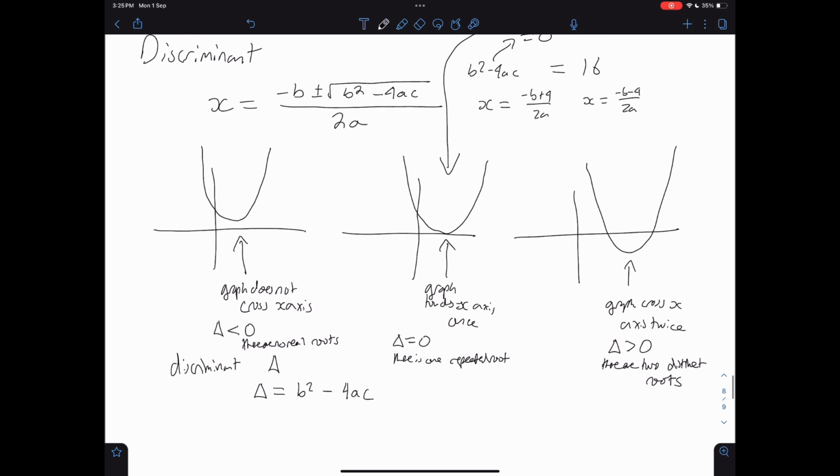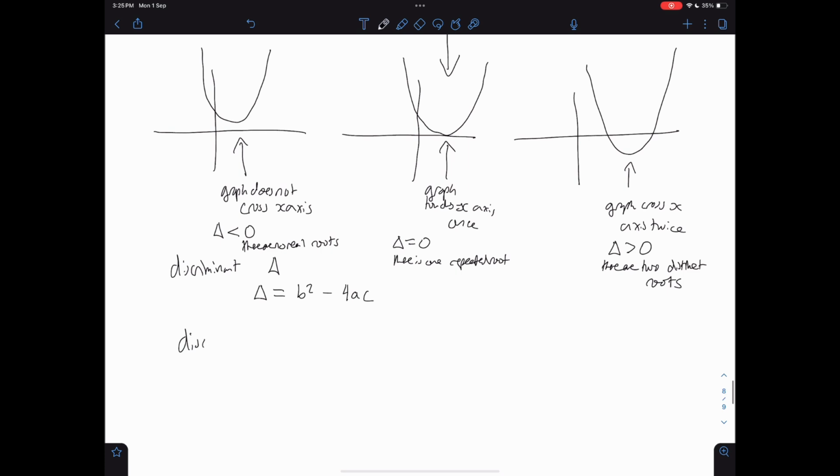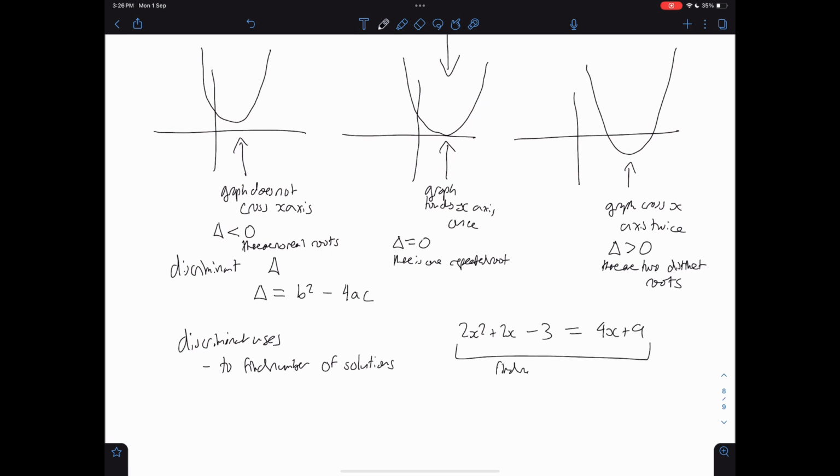So that's what the discriminant can be used for. If you calculate the discriminant, you can use it to find the number of solutions. And this could be for any equation. For example, it could be something like this, and it says find the number of intersections.